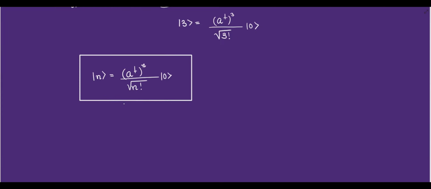In the same way, if I want to write state n, I can write it as A dagger raised to n divided by root of n factorial into 0. So I can generate any higher order Fock state from the vacuum state by applying the creation operator n times and then normalizing with this particular factor.